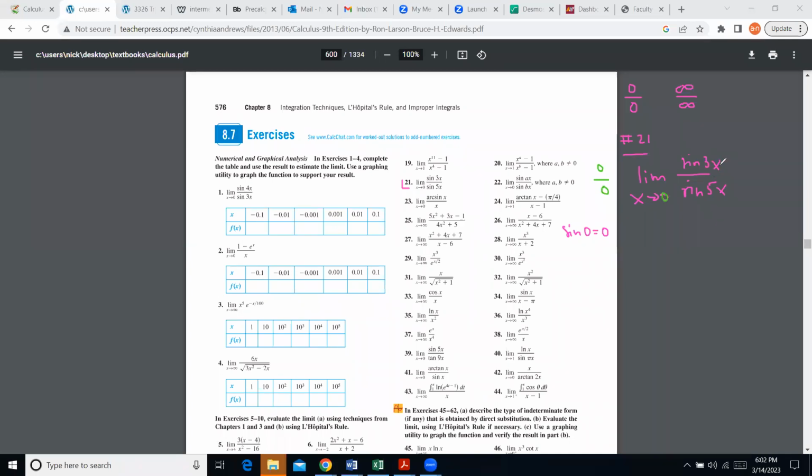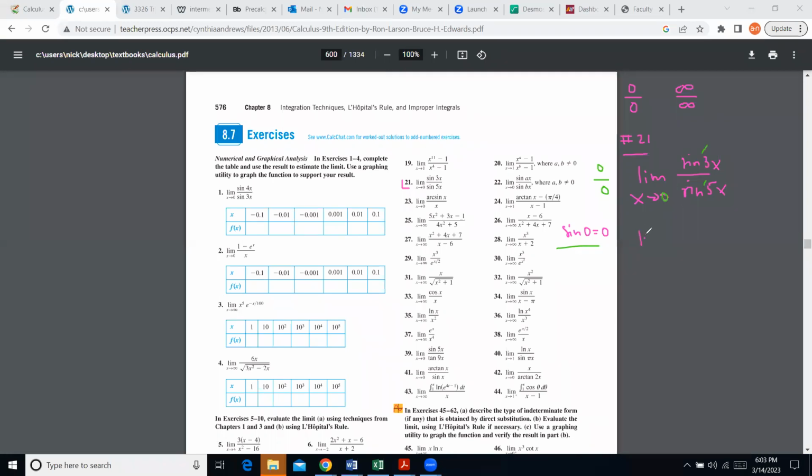If you replace x with zero, you will get sine 0 over sine 0. So since it's a 0 over 0 indeterminate form, I can say that derivatives of these functions could be taken, and the result is going to be the same limit.